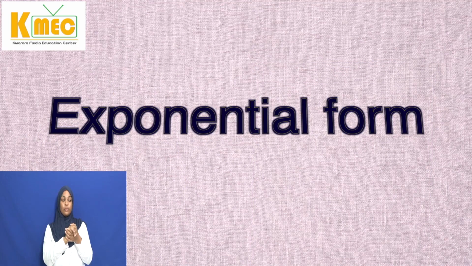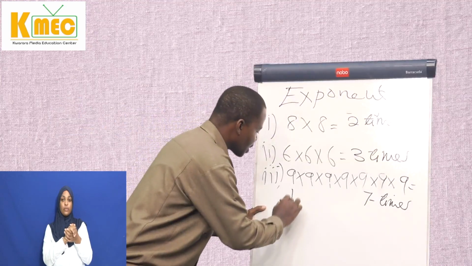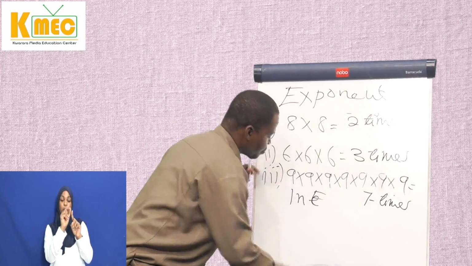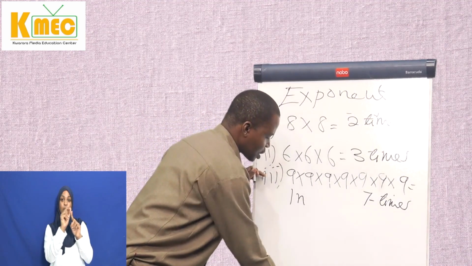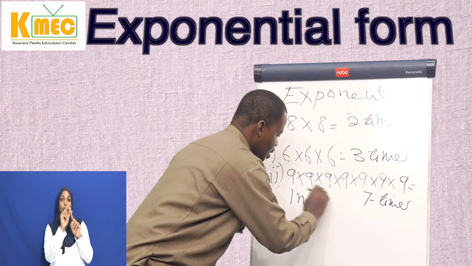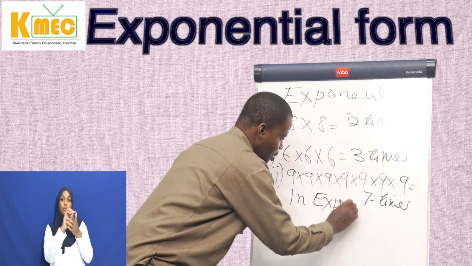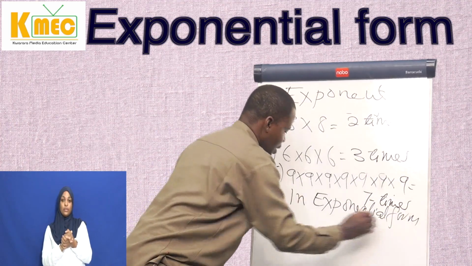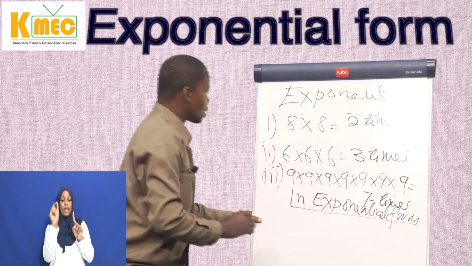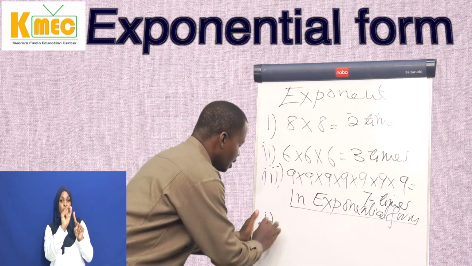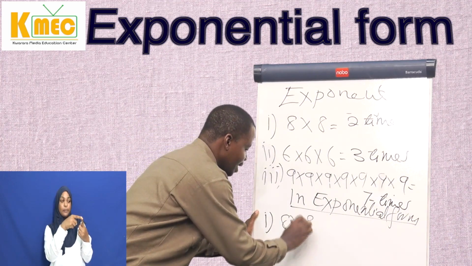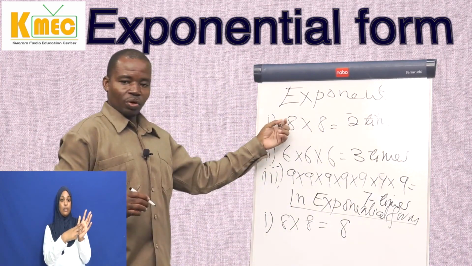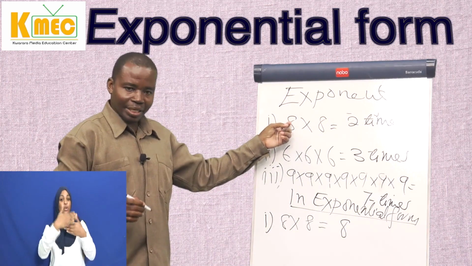Well, so in exponential form, number 1, 8 times 8, it is written as 8, because number 8 is being multiplied here by itself.